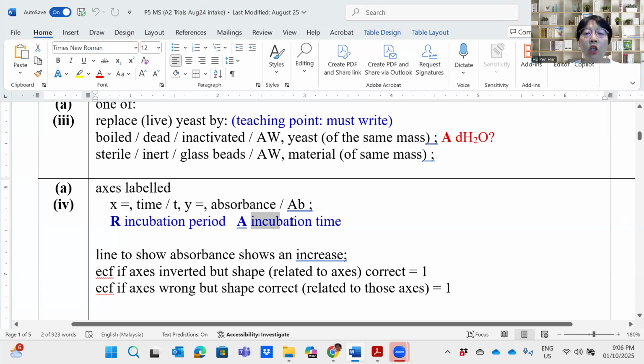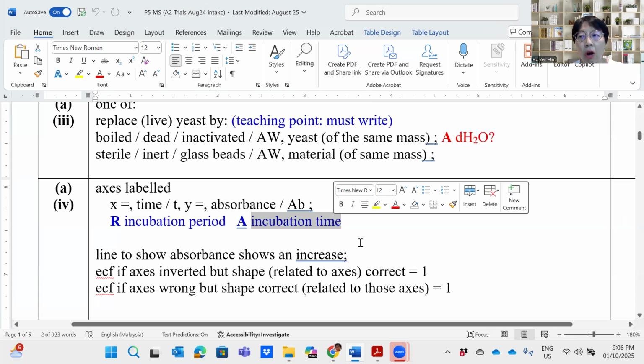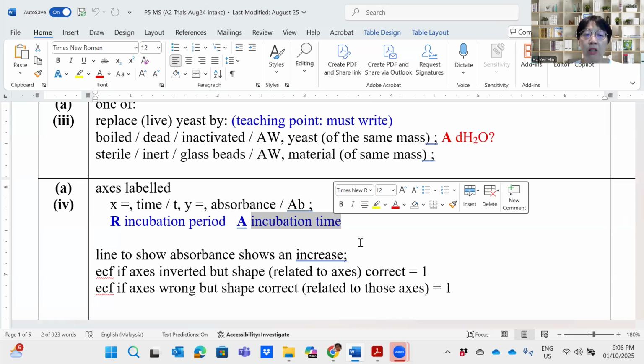The time is incubation time. How long the yeast has been incubated at that particular temperature? Correct or not?